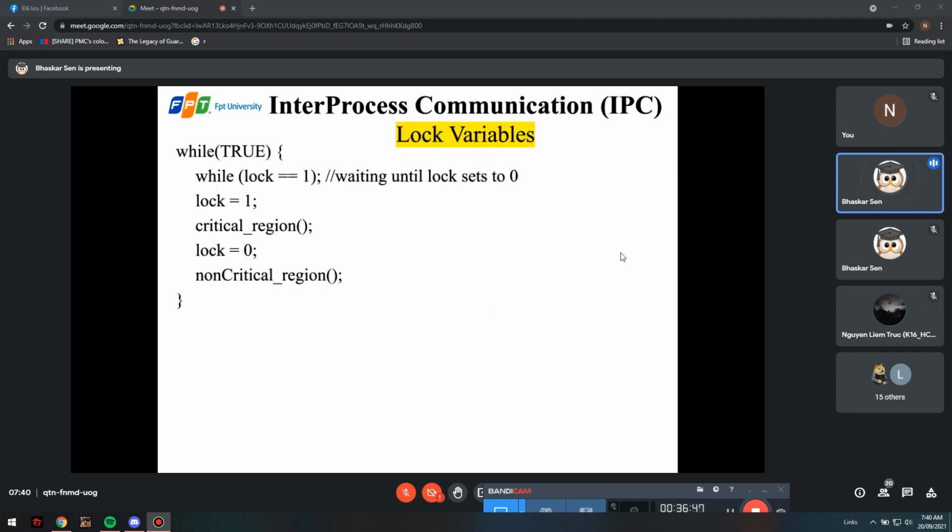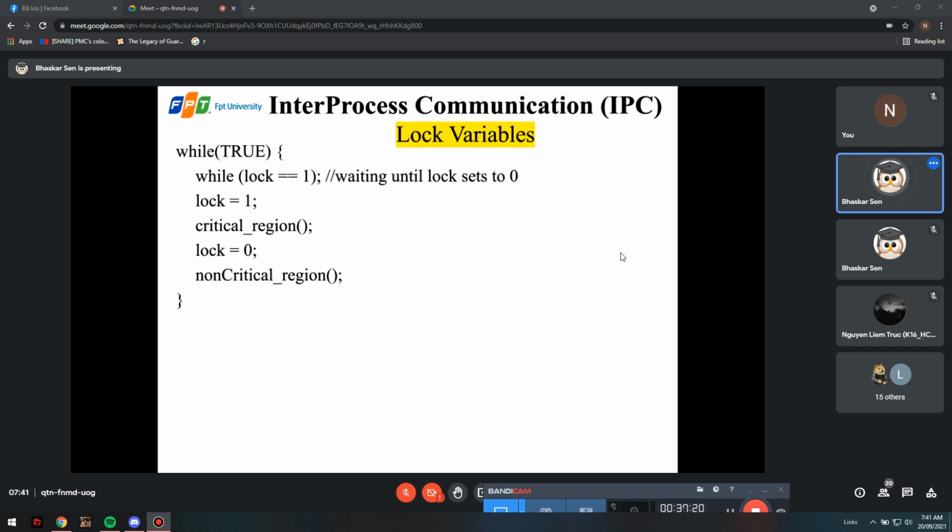Move on to what we call lock variables. Locks are binary locks. You can have two values, zeros and ones. One for lock, one for unlock. In this concept, we assume that a process will step into a resource, and the first thing it will do is put a lock there.